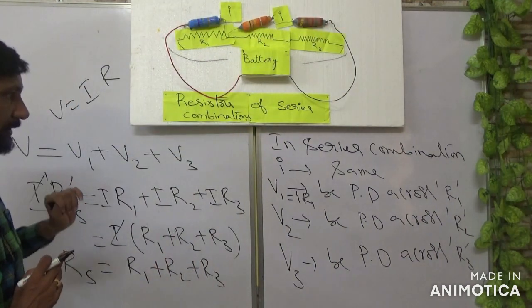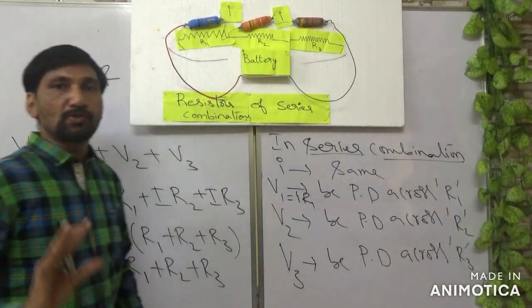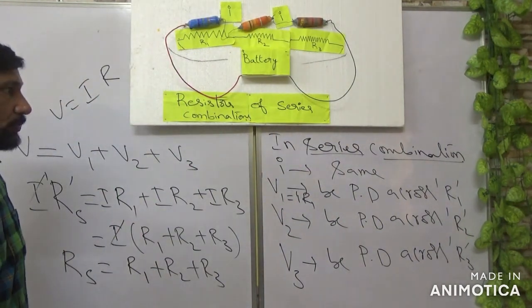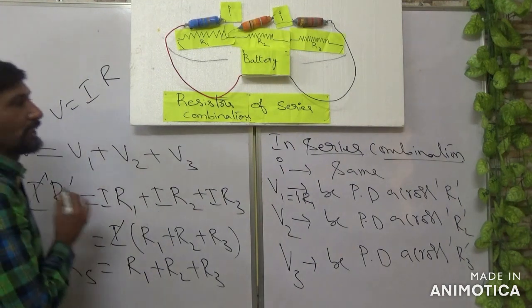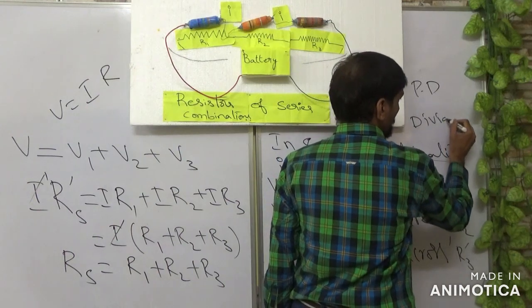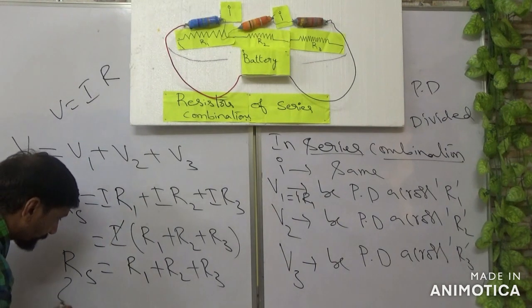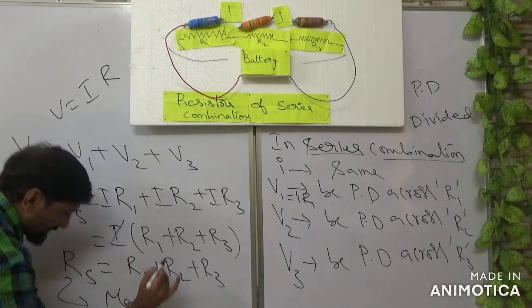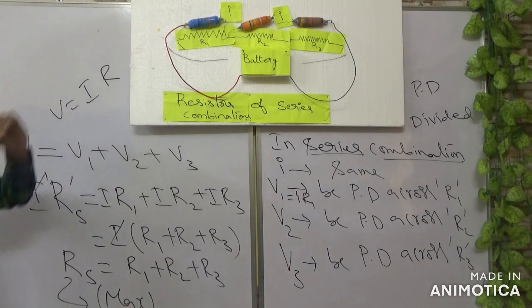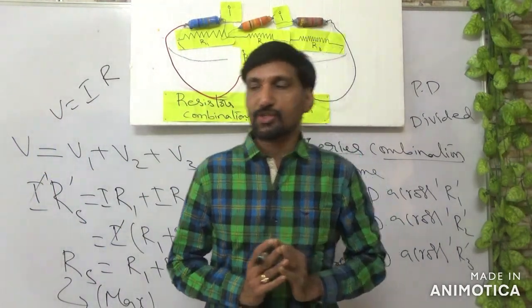So, remember, whenever you join resistors in series combination, current remains same, and potential difference is divided, and it offers maximum resistance.